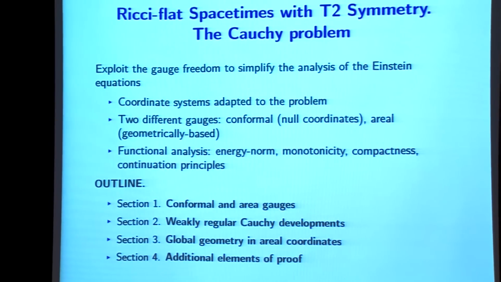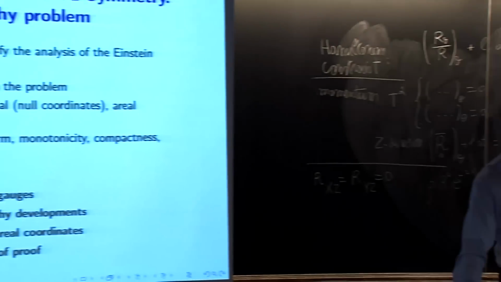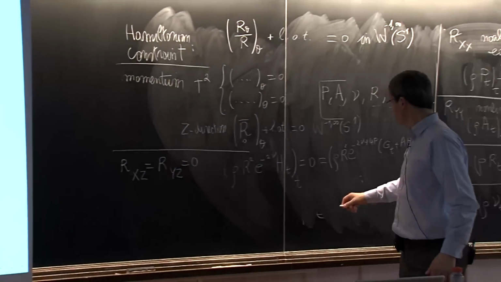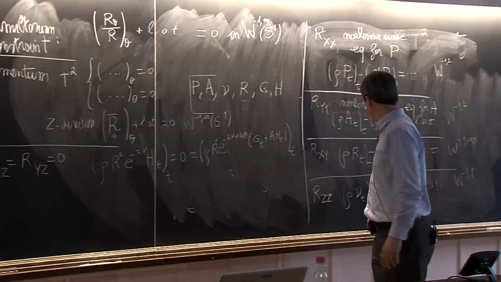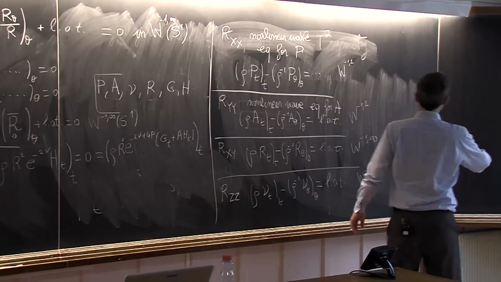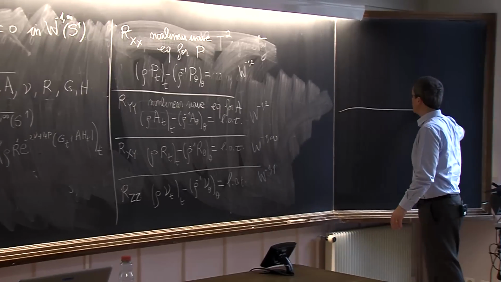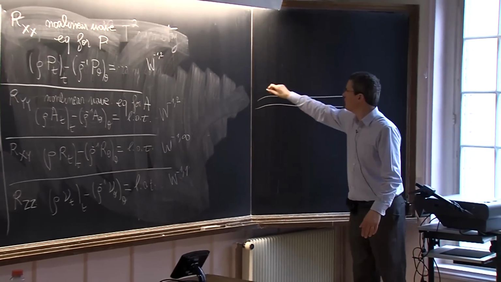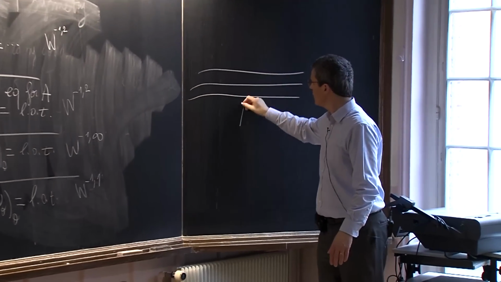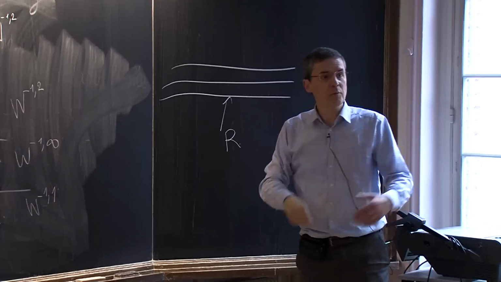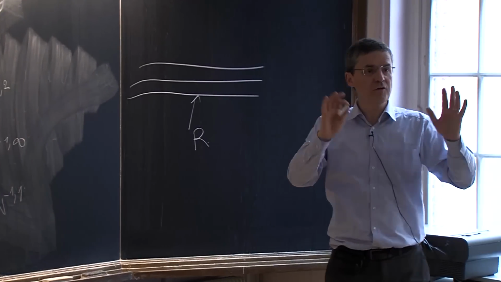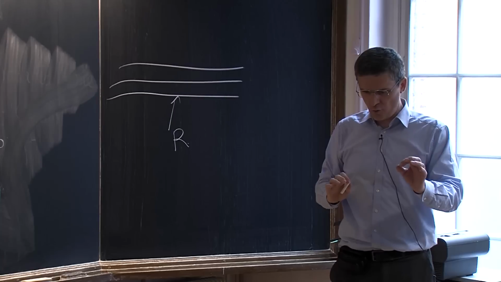And we will realize that the idea of the areal coordinates is that you can arrange the time function in such a way that on each slice, the area, this function R that we define in the spacetime, right, according to the symmetry assumption, we know that there are T2 orbits.